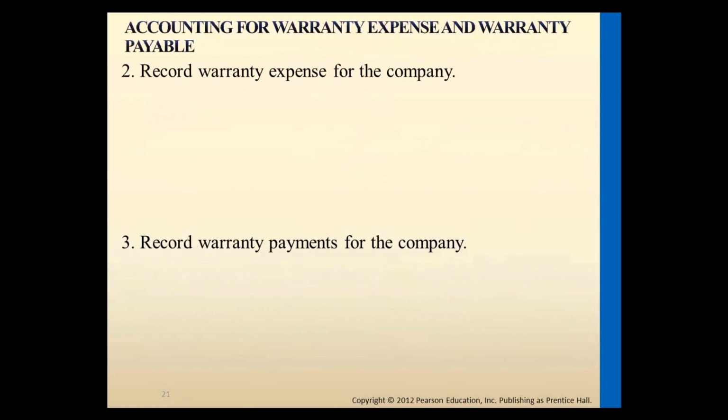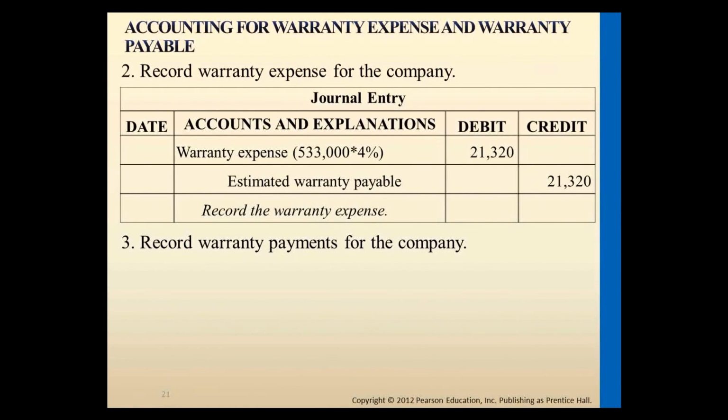So we multiply 4% by $533,000 of sales, debit warranty expense, credit estimated warranty payable. So based on prior years, we estimate that about 4% of these sales, we have to spend repair expense on it.